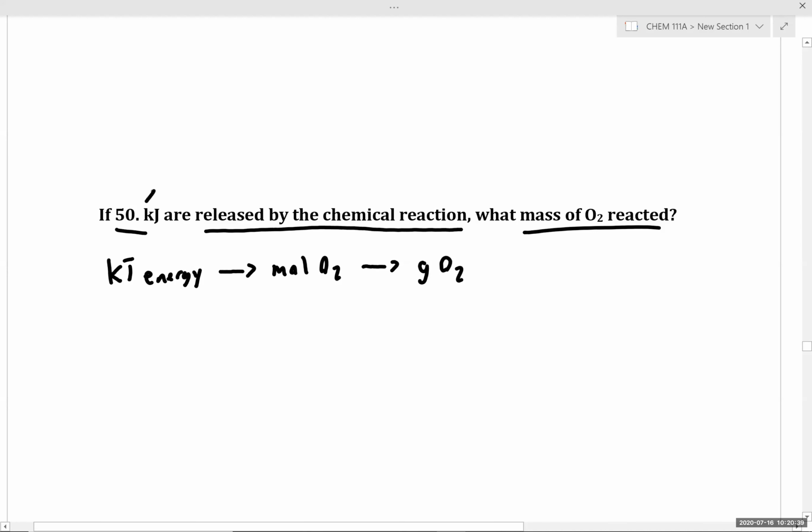When we say 50 kilojoules are released, what sign should I put for my heat?